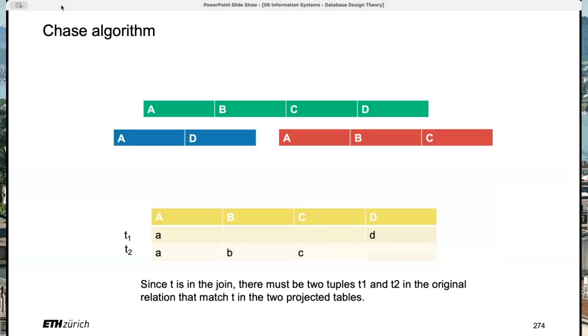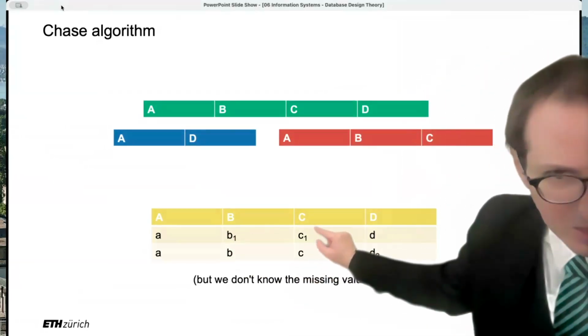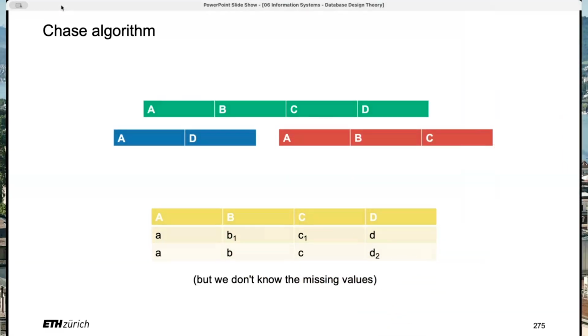Instead of just saying whatever, I'm going to give them names. I'm going to call B1 whatever was in here, C1 whatever was in here, and D2 whatever was in here. I'm just giving names to the values we don't know. So if I had ABCD in the join, that may or may not be a ghost, there must have been two tuples in the original table of the form A B1 C1 D and A B C D2, where A, B, C, D are the ones from my tuple in the join.